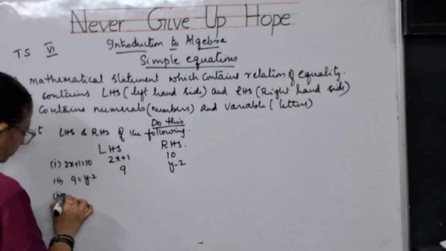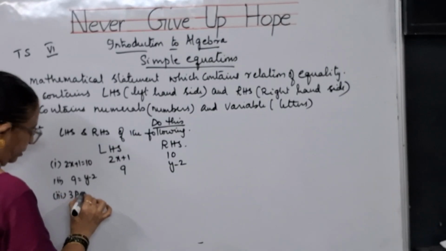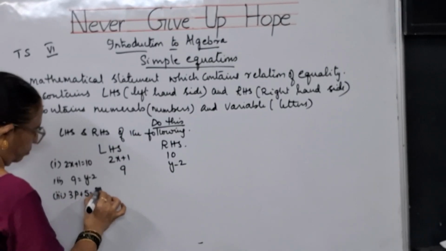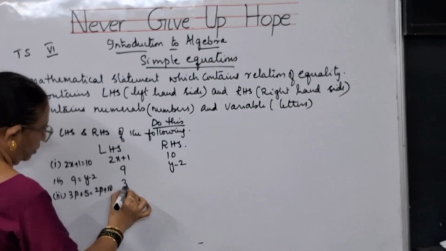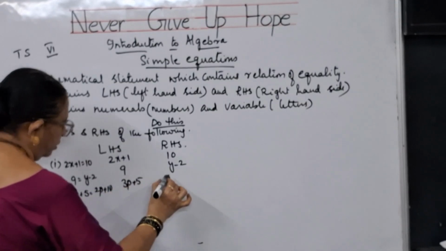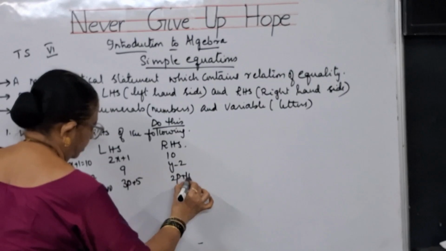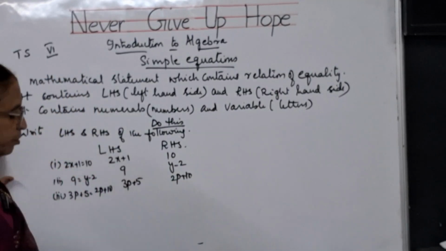Third bit, 3p plus 5 is equal to 2p plus 10. So this is 3p plus 5, this is 2p plus 10. This is the first bit, children.